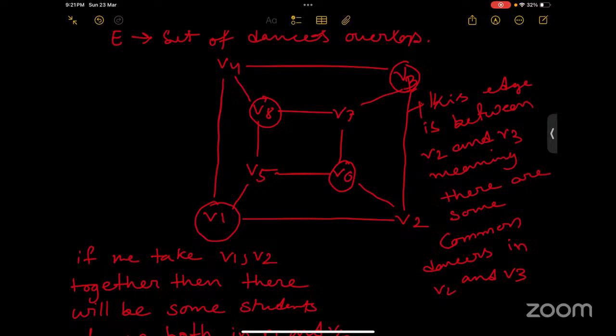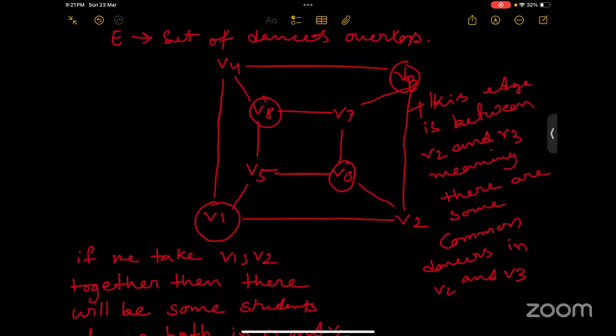So if I take V1 and V5 together, it will not be independent, right? Madam, I'm just asking, there are some possibilities, like we can take V2, V5, V8 and V4. Yes, correct. So again, the cardinality is 4, right?